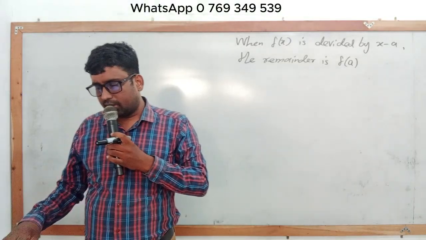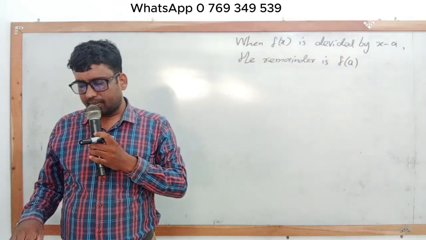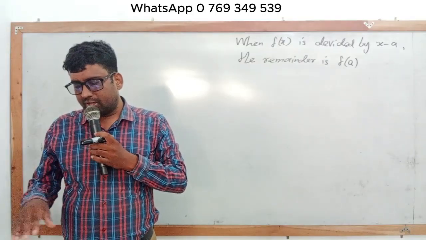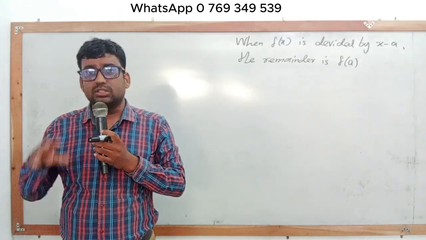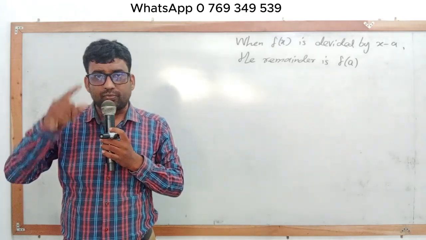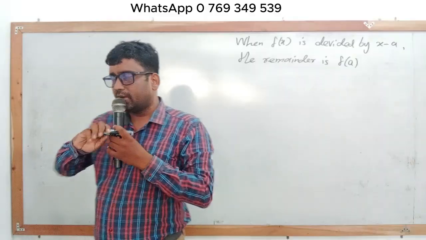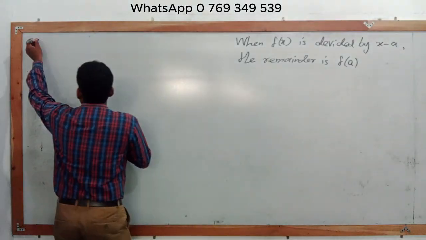Now we have the question like this. The remainder when polynomial function f(x) is divided by x minus 1 is 2. That is f(1) is 2. Question number 1.